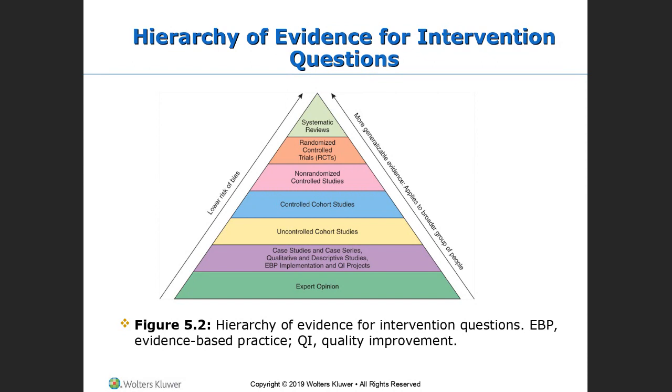But again, we're in this unique position because of the pandemic. We didn't have a lot of evidence, so we've had to rely on some of the lower levels of evidence as we build the other types. So hopefully that makes sense. But again, remember, we are going to leave this class with a randomized control trial, a systematic review, and a guideline, and we'll work on all those together over the next few weeks.